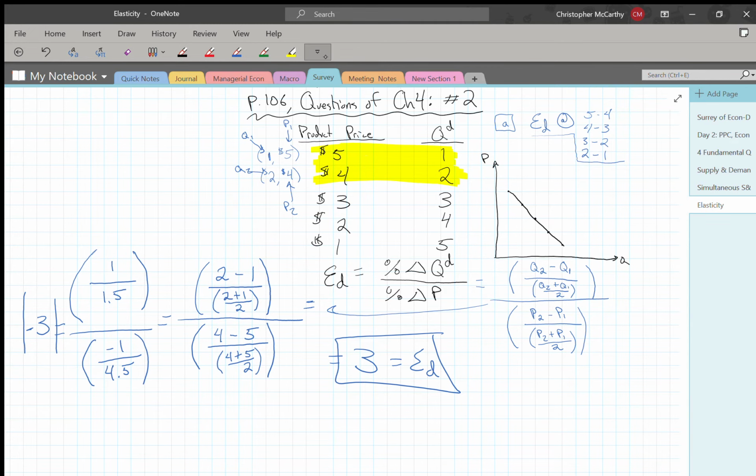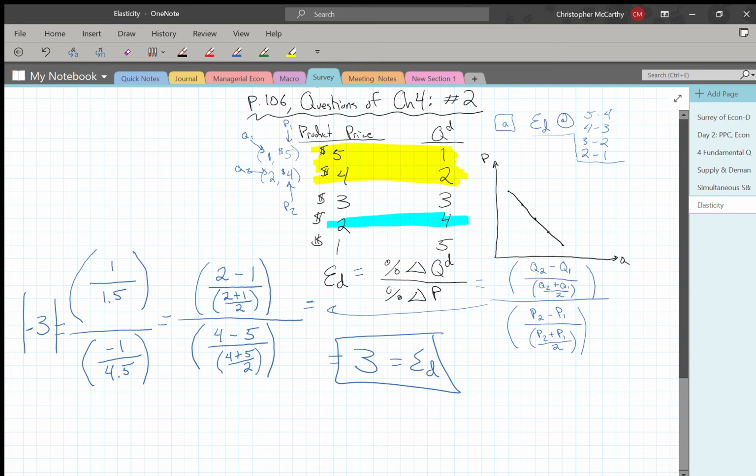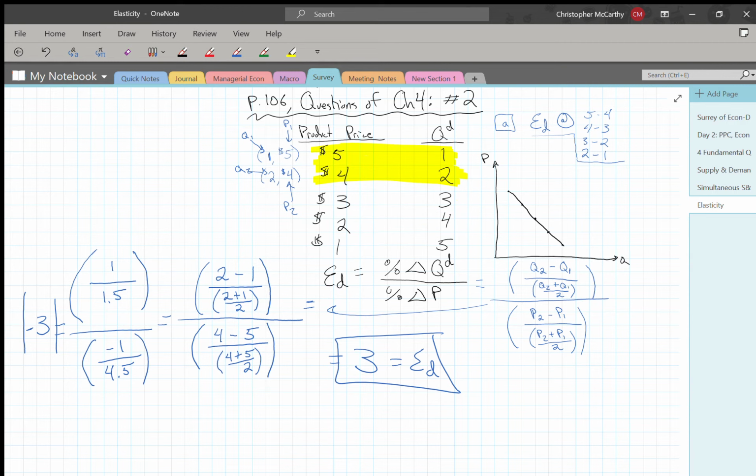Now let's go ahead and do that for the next values. Or actually, let's just do it from 2 to 1. Well, that's going to be too similar. Let's do it from 3 to 2.